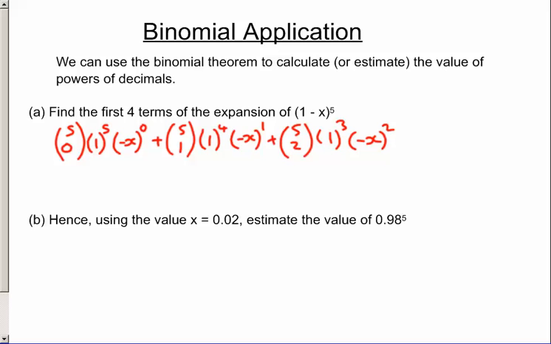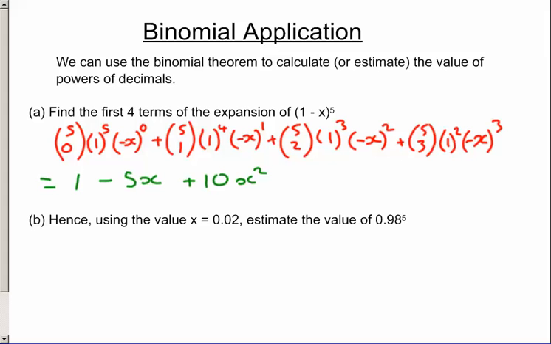that's the first term, 1 to the power of 2, second term minus x cubed, and then working all that out, we get 1 - 5x + 10x^2 - 10x^3.